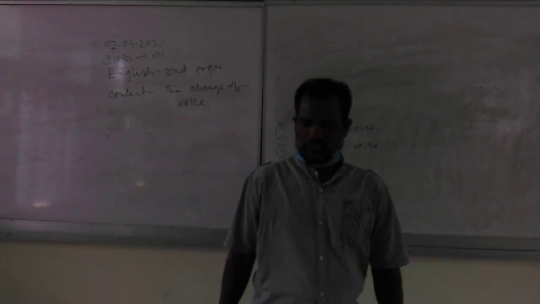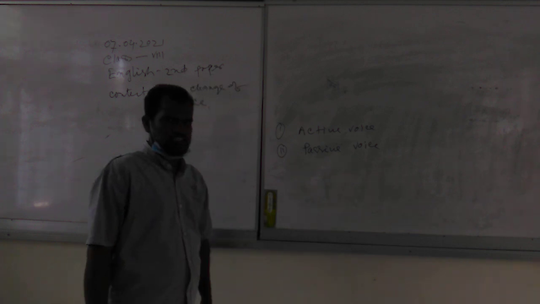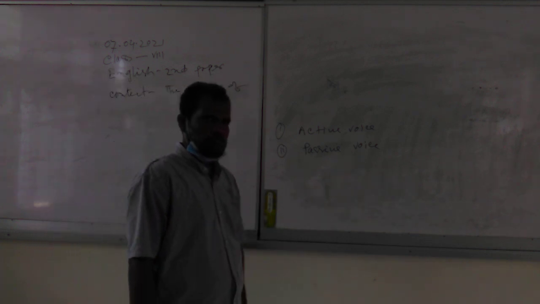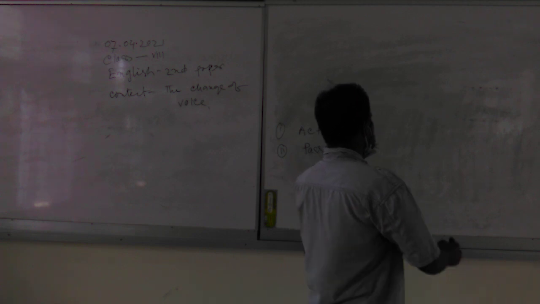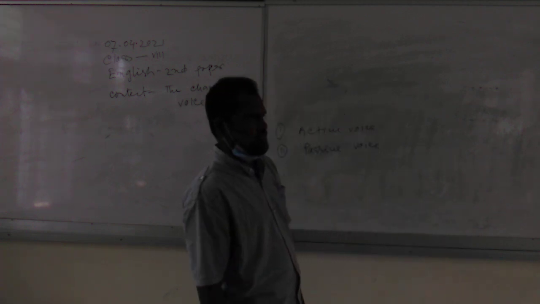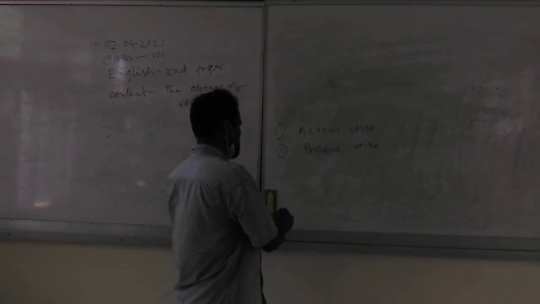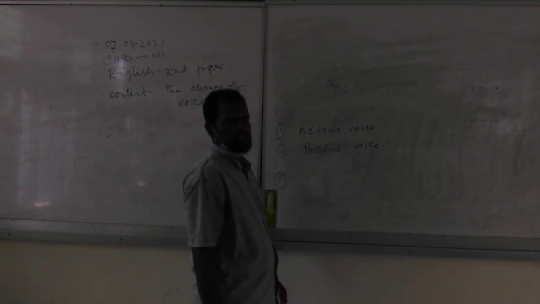So, you have to know what is active voice. You have to know the definition of active voice. Now write down the definition, what is active voice. Please write it down on your exercise book.